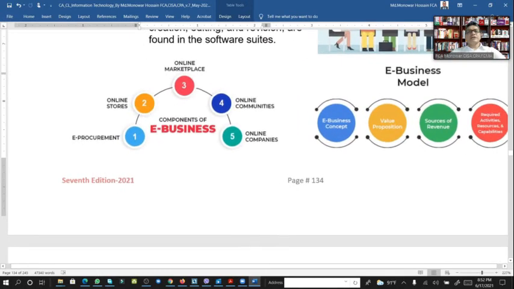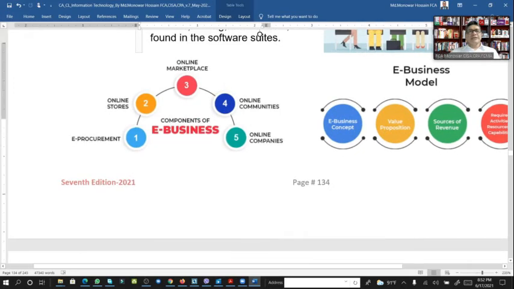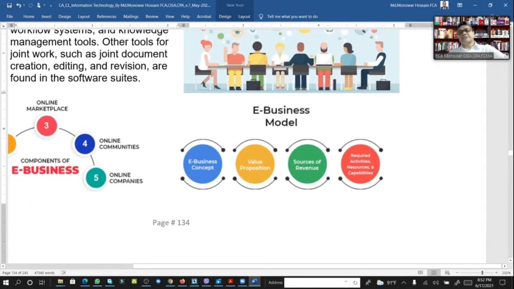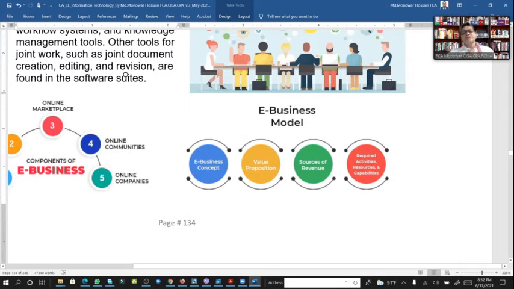So here, if we look at e-business, that means e-procurement, online stores, online marketplaces, online communication, online companies, and e-business models of different types. The e-business concept has to adopt a value proposition and a secure source of revenue.